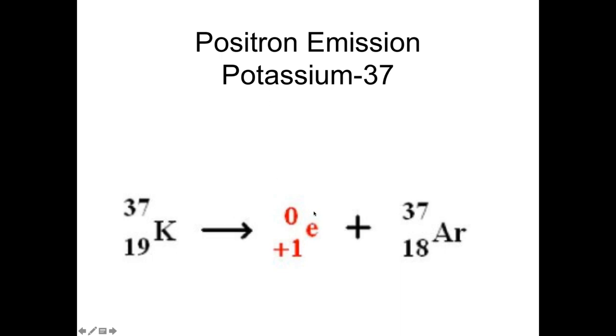If you're going to do a positron emission, it's going to be 0, then a plus 1 for an e. And then what's going to happen is 18 plus 1 gives us 19, 37 plus 0 gives us 37, and we're balanced. And then because you're going to 18, that's going to be argon over there.